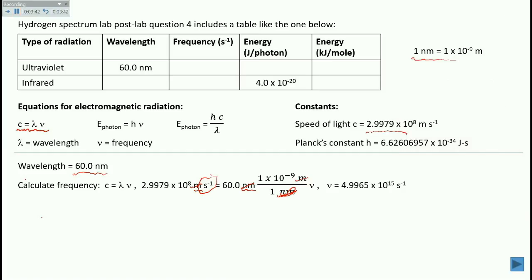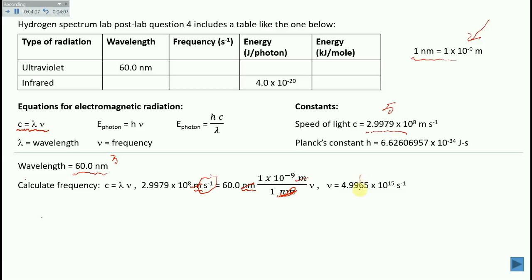Now let's go back and figure out how many significant figures I can keep. If I look at my starting information, I have 3 sig figs here. In the speed of light, I have 5. This was a definition, so it's not going to contribute anything to significant figures. So my limitation is the 3 sig figs of my starting wavelength.